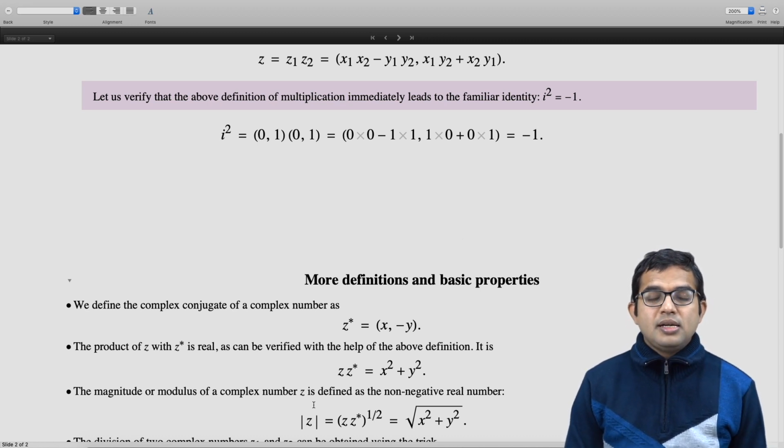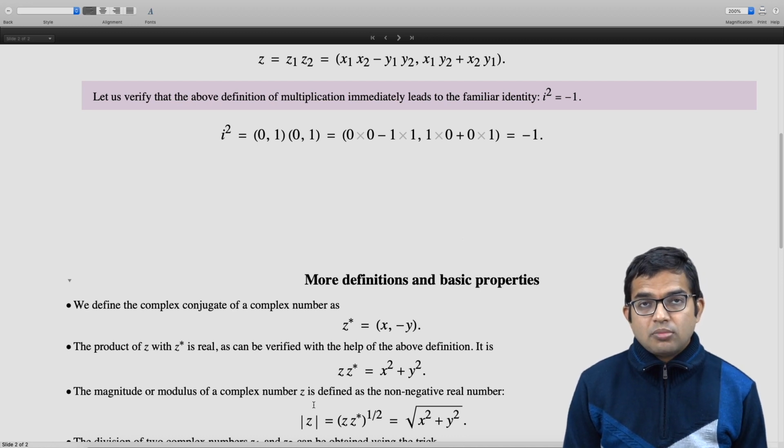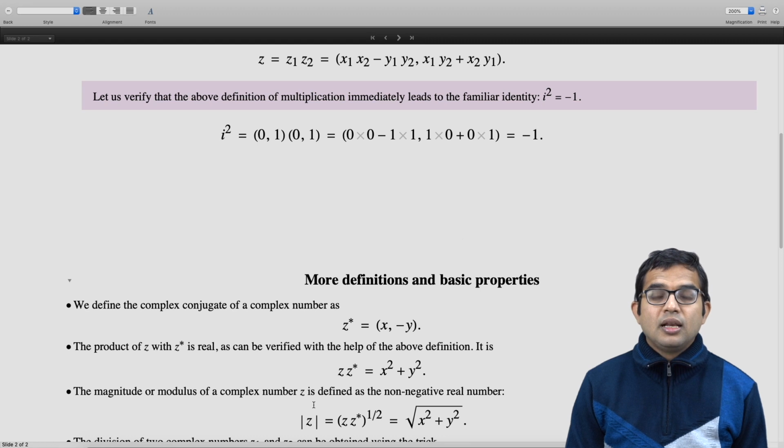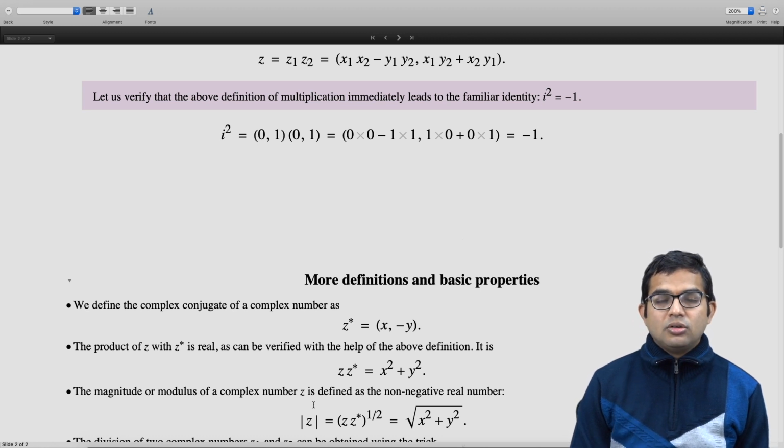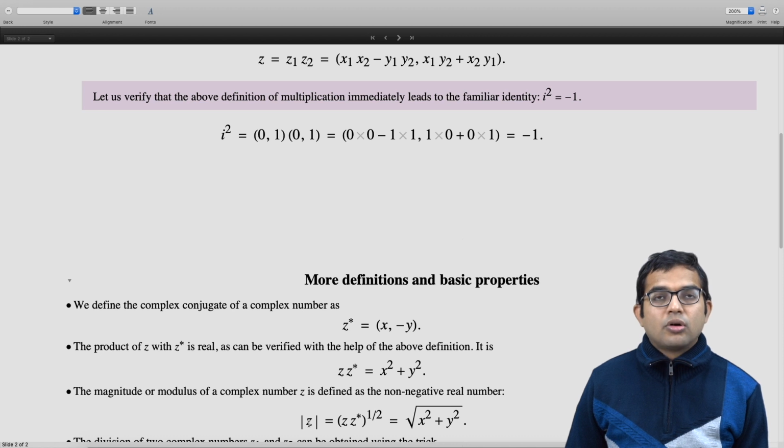So we are guaranteed that the product of a complex number with its complex conjugate is not only real, but also positive, because you have the sum of two positive numbers, x squared plus y squared. So the square root of this quantity is definitely well defined. It's a real number, and it's the positive square root that you're looking at. It's a non-negative quantity, a real quantity, mod of z, right?